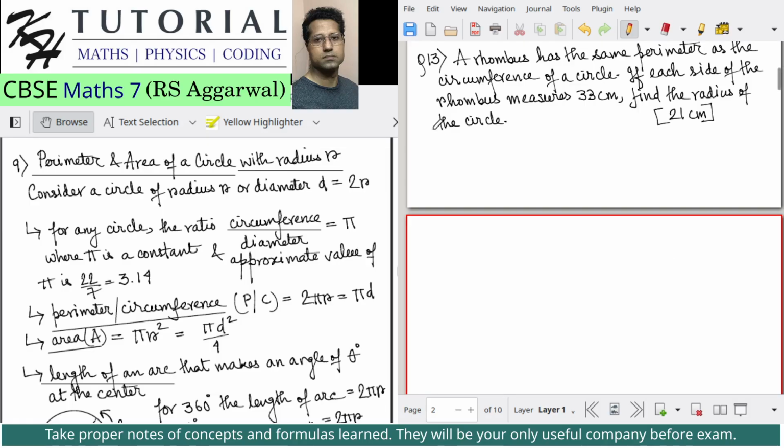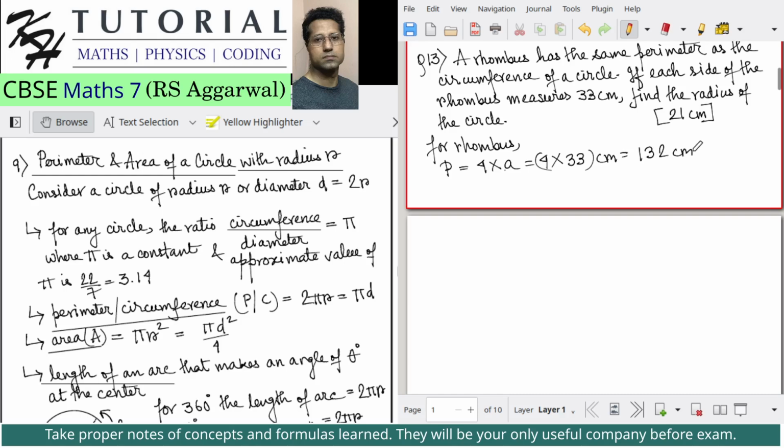So for rhombus, perimeter P is equal to 4 multiplied by A, where A is the length of each side of the rhombus, which in the problem is given as 33. So this much centimeter, which is equal to 132 centimeter, is the perimeter of the rhombus.